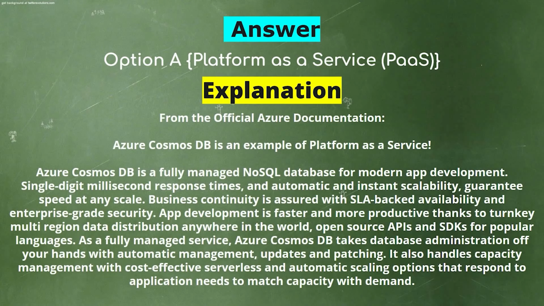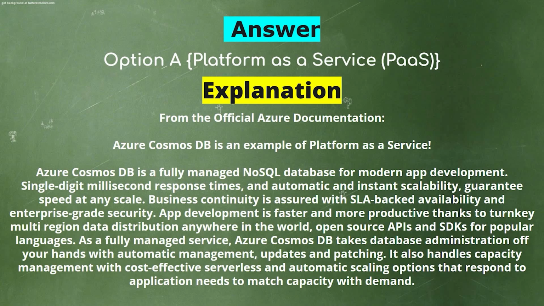Explanation. From the official Azure documentation, Azure Cosmos DB is an example of Platform as a Service. Azure Cosmos DB is a fully managed NoSQL database for modern app development. Single-digit millisecond response times and automatic and instant scalability guarantee speed at any scale. Business continuity is assured with SLA-backed availability and enterprise-grade security.